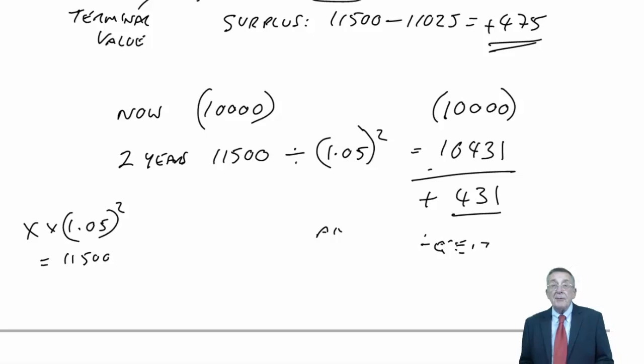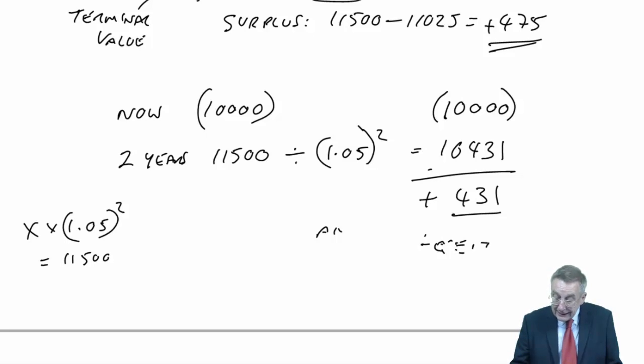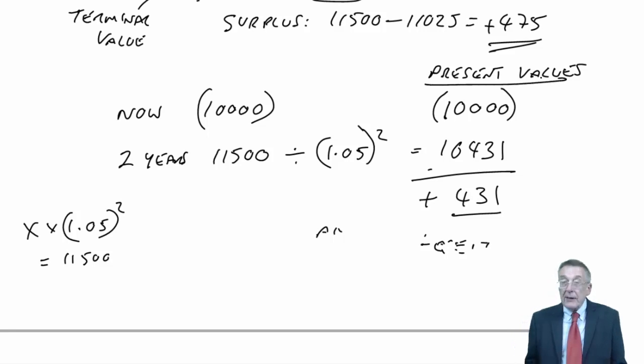Just two final things before I leave this one. We call the equivalent amount now the present value. And that 431, for obvious reasons, is the net present value, or NPV.